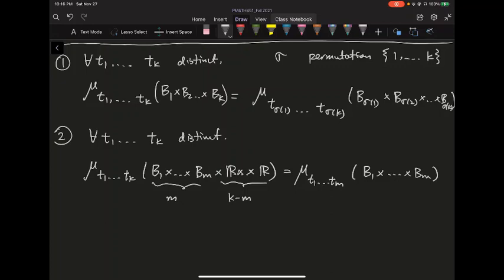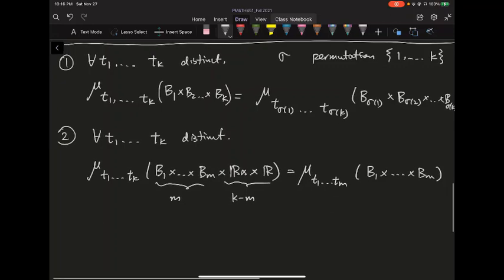Basically you can project it down. If you have a few timestamps where the set is the whole set, you can just ignore those sets and pretend those timestamps are gone. They shouldn't matter to your probability. They should match the probability where you just take t1 up to tm.